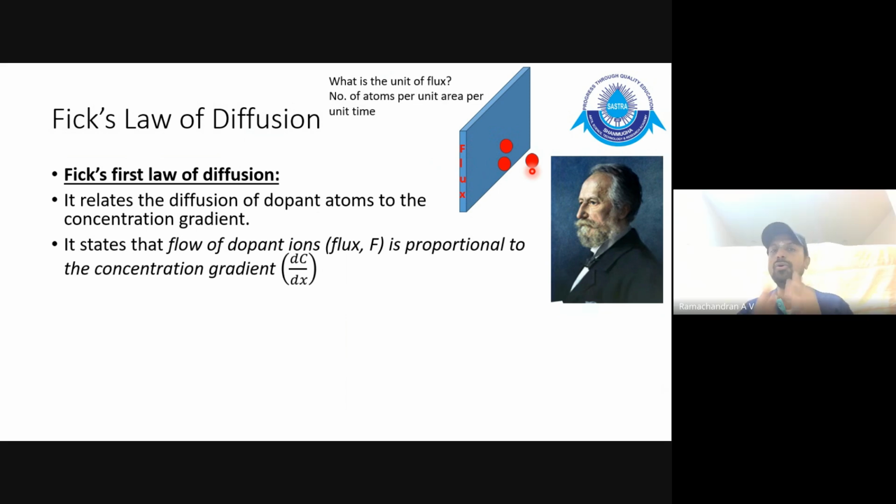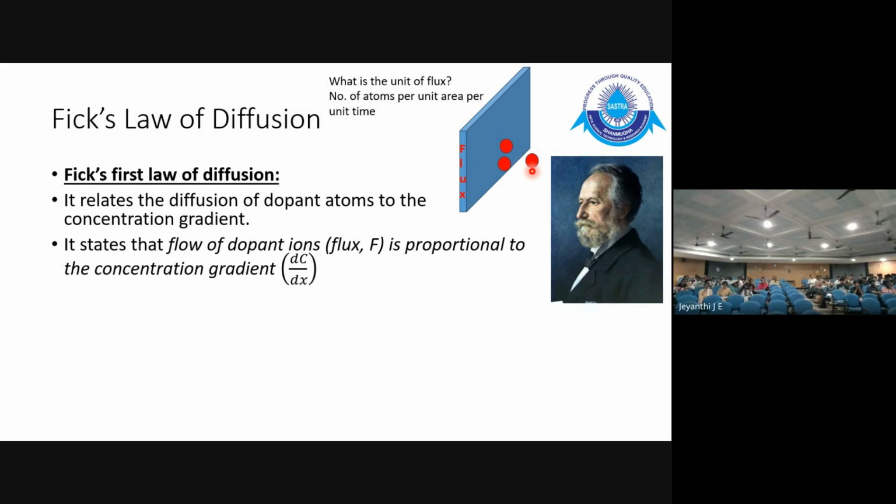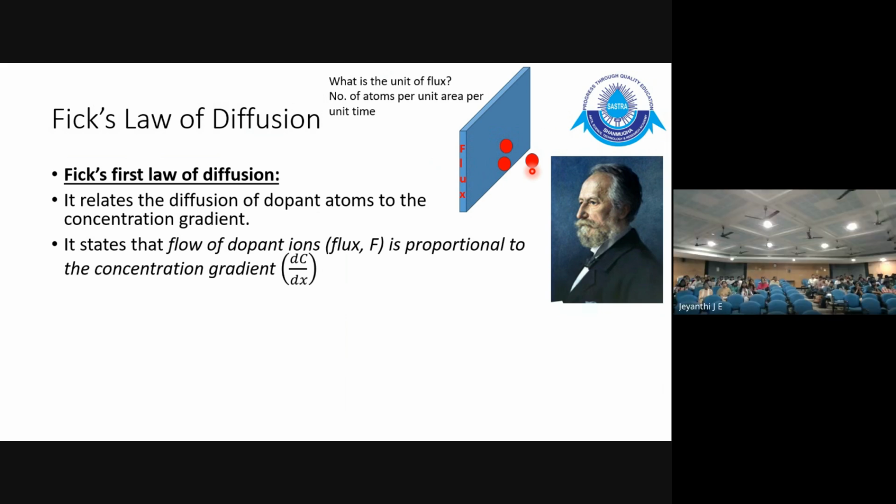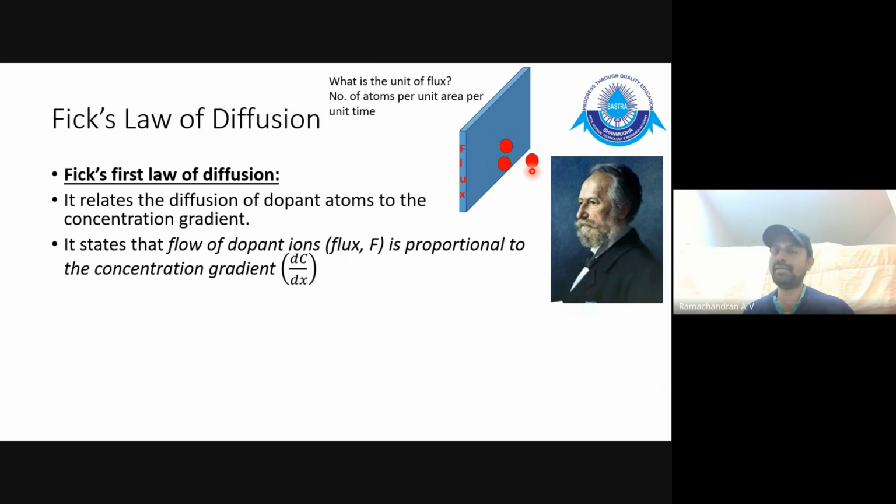Now, can you get this mathematically? The flux is the number of atoms moving in, and that depends on your concentration gradient. Can you write it in mathematical form? They are dependent: the more gradient, the more atoms enter. You have to relate them. How do you relate them?